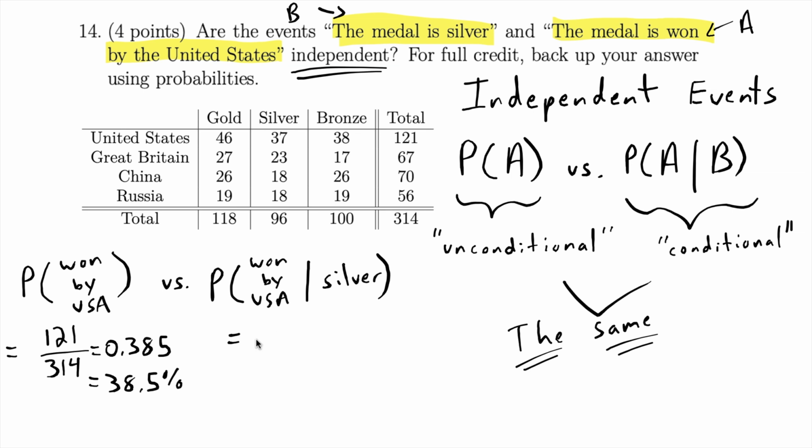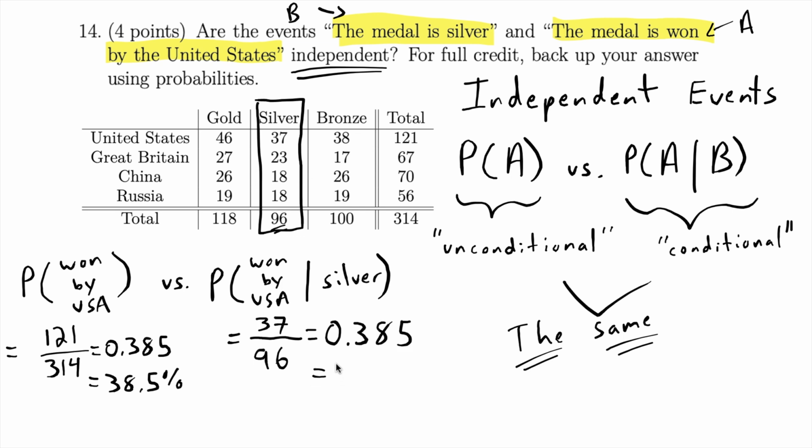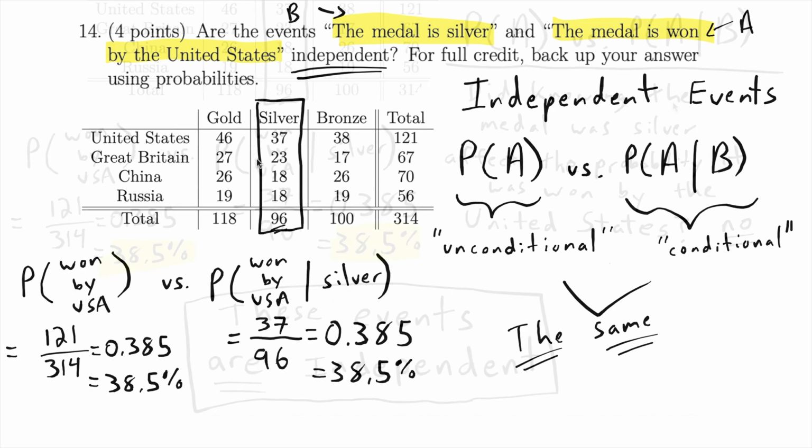Now I've got a conditional probability. Now I'm not dealing with 314 medals total. I'm only working with the silver medals for this probability. The denominator of this conditional probability is the number of silver medals. Now, just looking at the silver medals, how many of those were won by the United States? Well, that's 37. There is a 38.5% chance that if I know the medal is silver, that it was won by the United States.